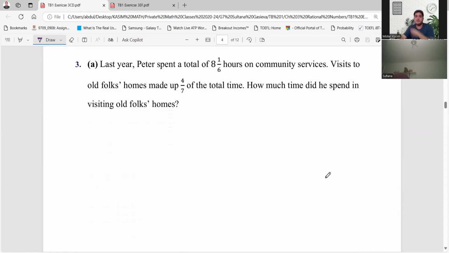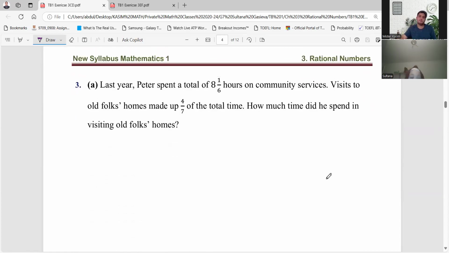Question 3. Read the question. A: Last year, Peter spent a total of 1/6 hours on community services. Visits to old folks' homes made up 4/7 of the total time.